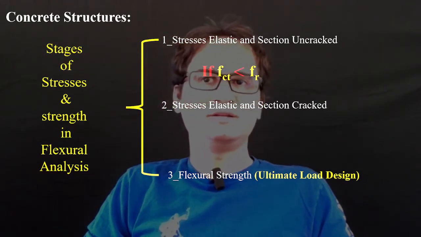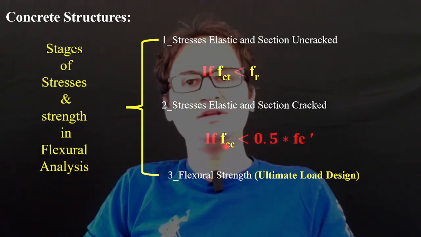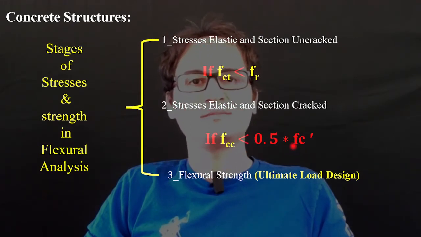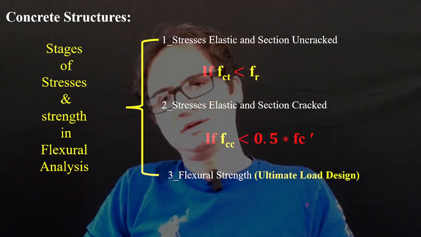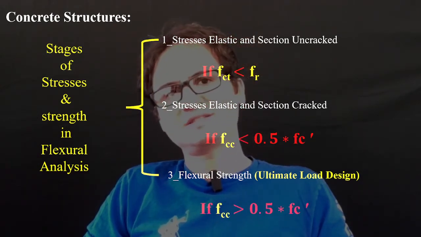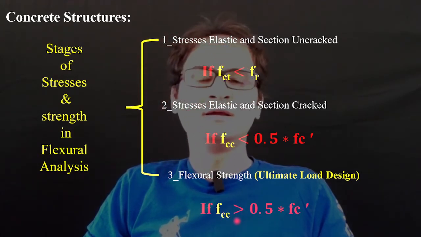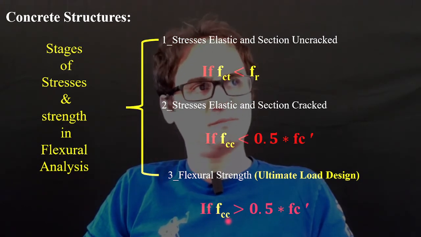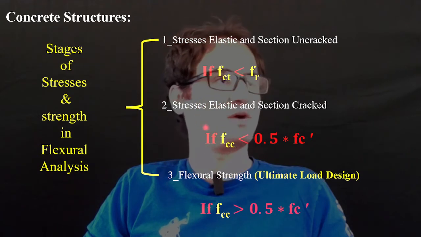And the second one is then FCC, stress in concrete in compressive part, this time is smaller than 0.5 times F prime C, which is a specific strength of concrete. And then the last one, ultimate load design, is then FCC, stress in concrete in compressive part of the section is higher than 0.5 times F prime C.